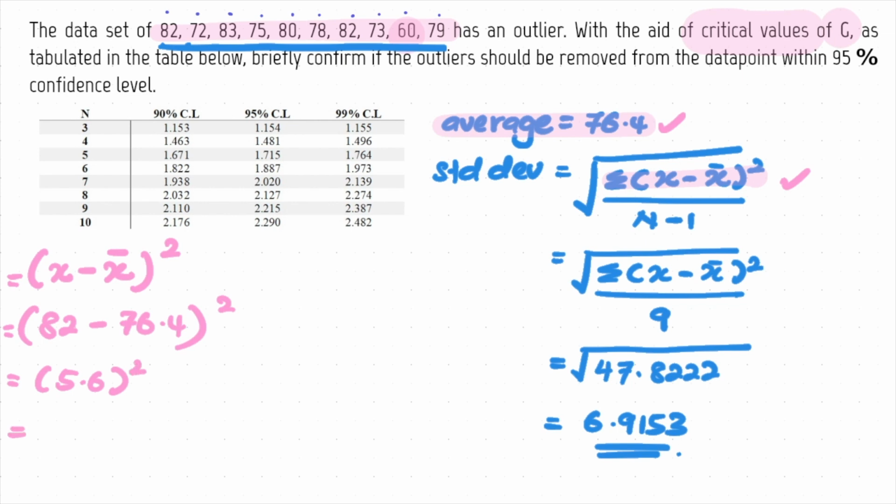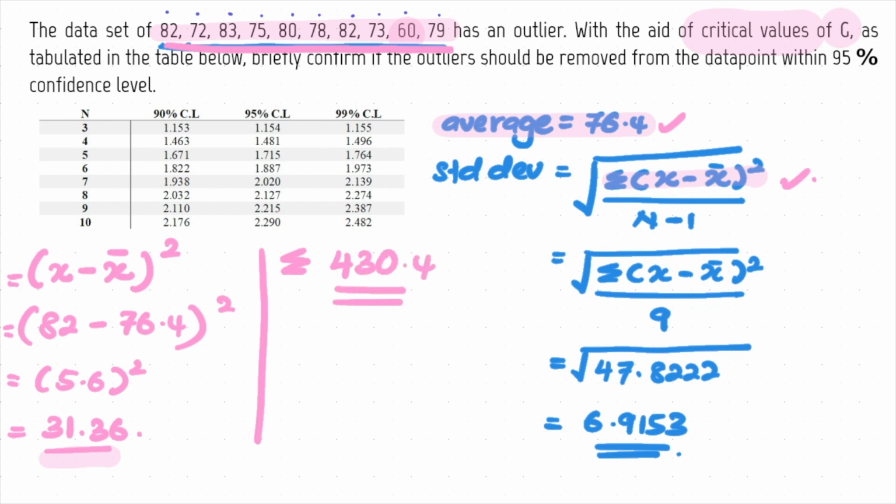The value you want here should be 31.36. What's left for you is to do the same calculation for all the numbers given in the question, and then sum these values. Therefore, you should get the summation equal to 430.4. This value should be inserted inside here.